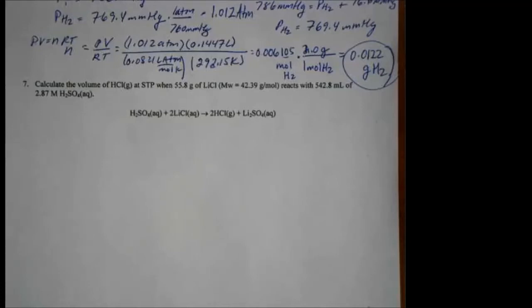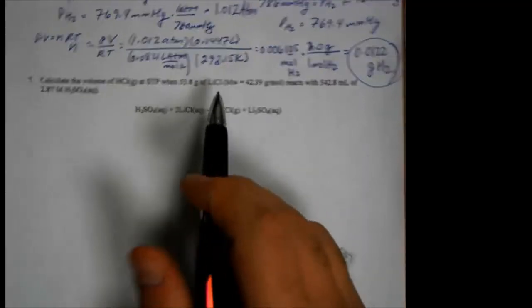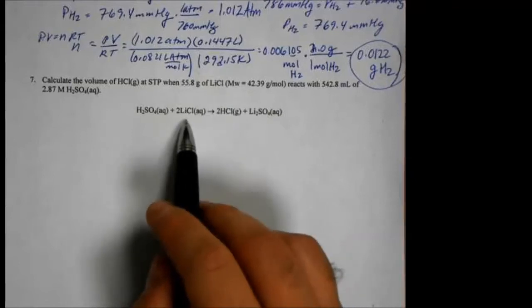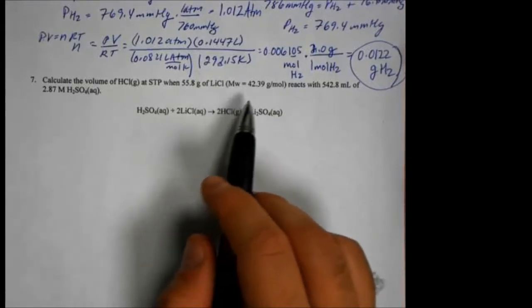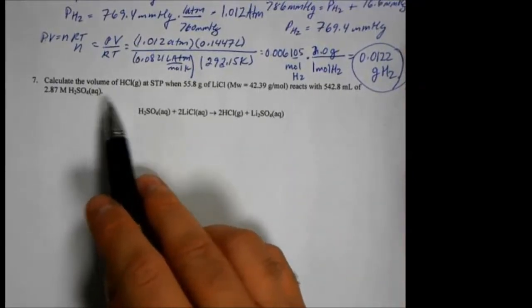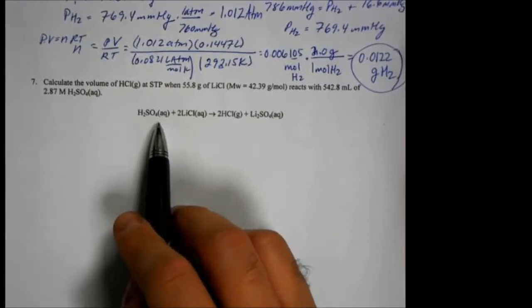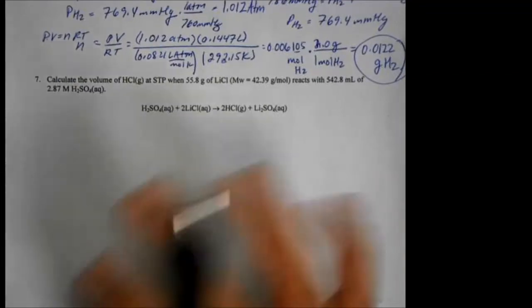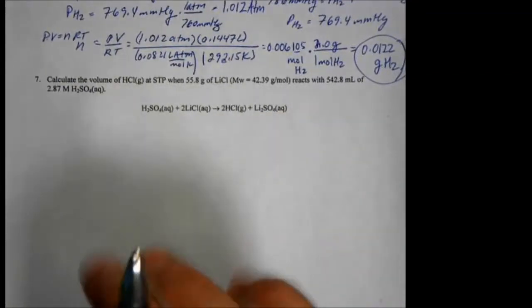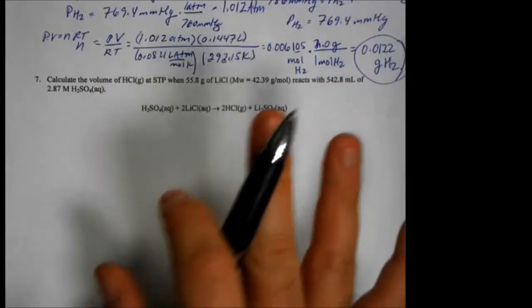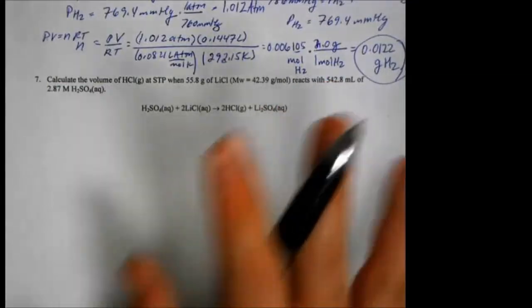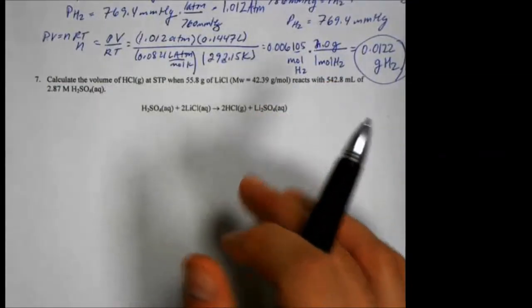So in this case, they give us information about one reactant, the lithium chloride, and then information about the other reactant, H2SO4, aqueous. So this becomes a limiting reagent problem because we have to see which one of these is going to limit the reaction and limit how much HCl gas we can produce.